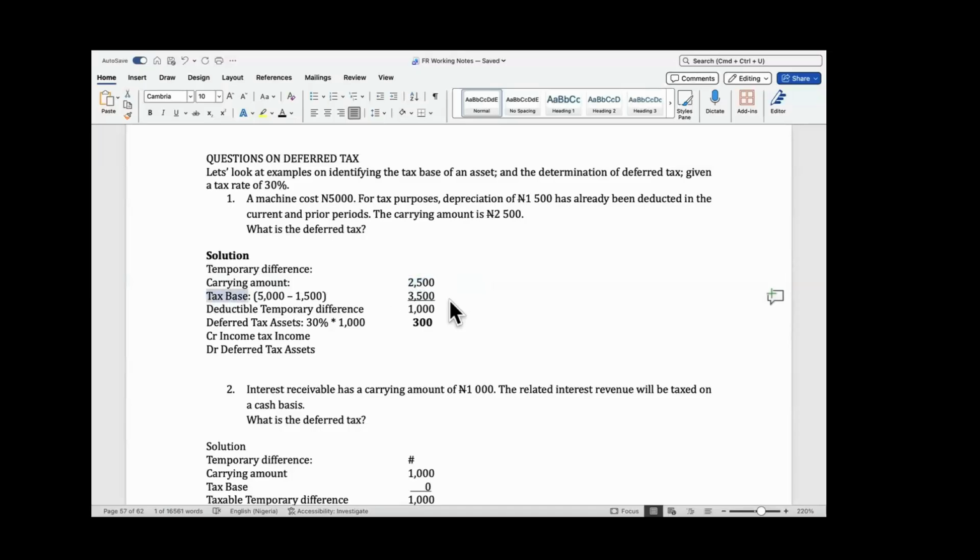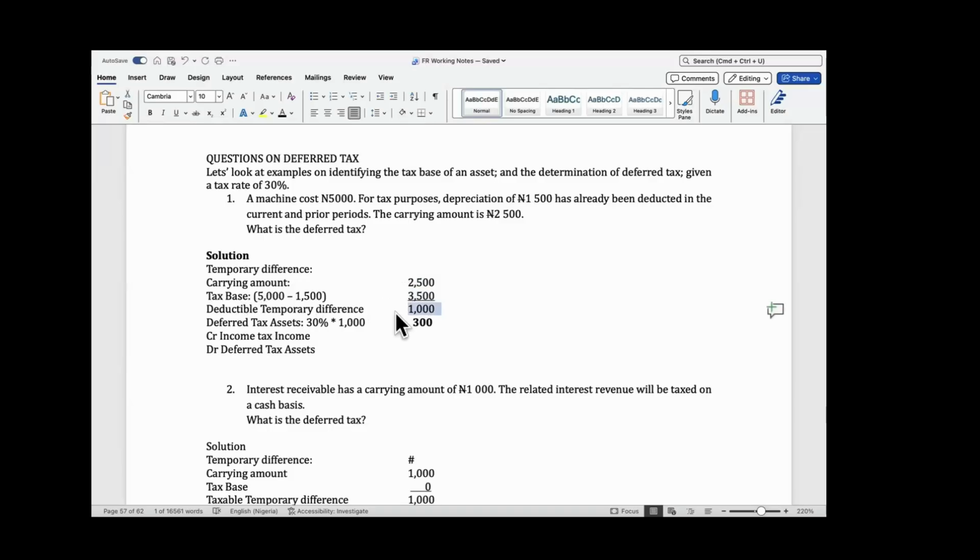What this tax base means is the deduction the taxman will give you in the future. Apparently, the taxman is giving you more deductions by 1,000.